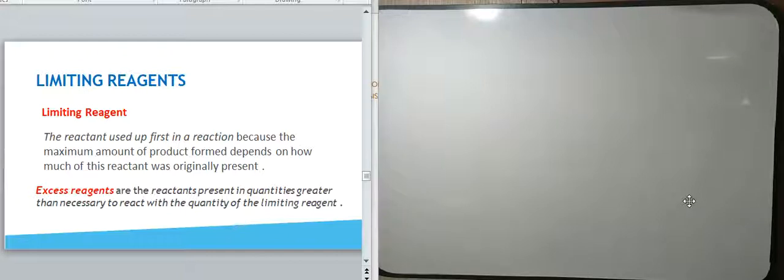When this reactant is used up, no more product can be formed. Therefore, excess reagents are the reactants present in quantities greater than necessary to react with the quantity of the limiting reagent. So let us consider the industrial synthesis of methanol from carbon monoxide and hydrogen at high temperatures.